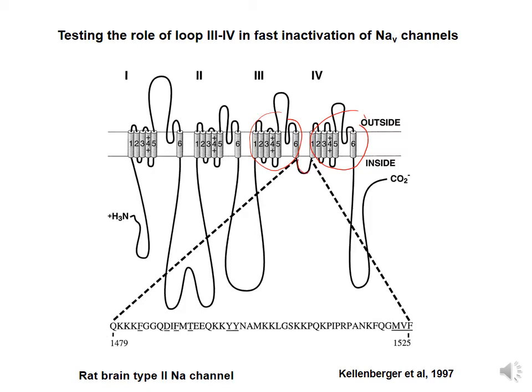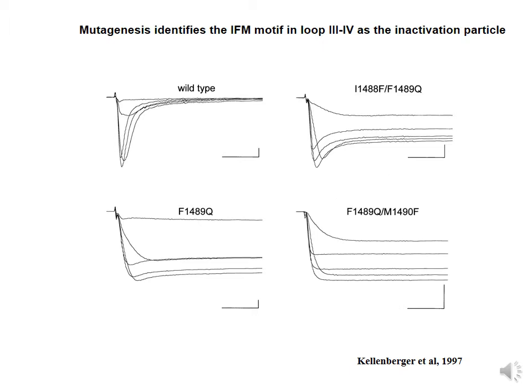And this intracellular loop seems to be equivalent to the ball and chain domain of the Shaker potassium channels. And why is that? It's because when there were amino acid changes in this domain, the investigators were able to remove the fast inactivation of these sodium channels.